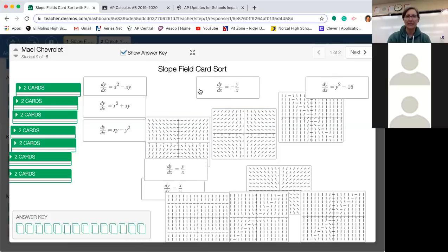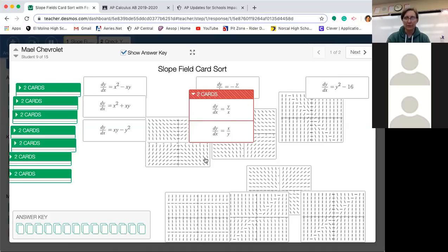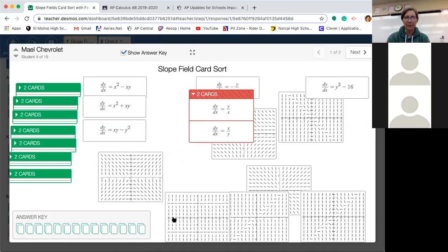I'm going to take these guys here that all have an X divided by Y and match them up like that. And you don't have to leave them grouped together like that, but that at least helps you organize yourself. Let's see, you made the matches already with the ones that had just X's in them, right? That didn't have Y values.